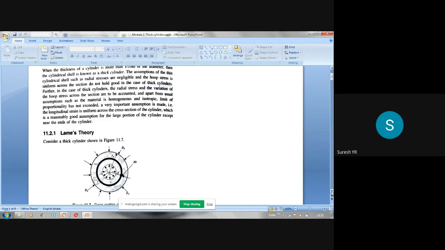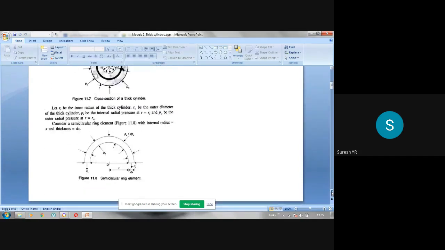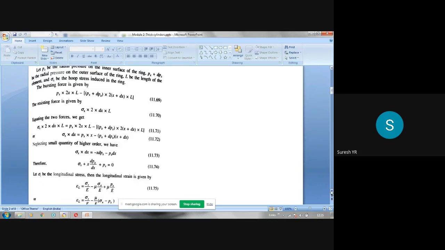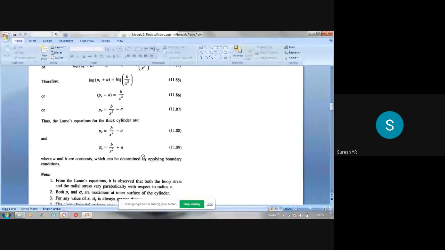Equations have been derived for both Px and sigma x. Px is the radial pressure, sigma x is the hoop stress. Px is compressive in nature, sigma x is tensile in nature. So these two are the Lami's equations in terms of A and B. Once you get the values of A and B using boundary conditions, means the value of Px at the inner and outer radius.